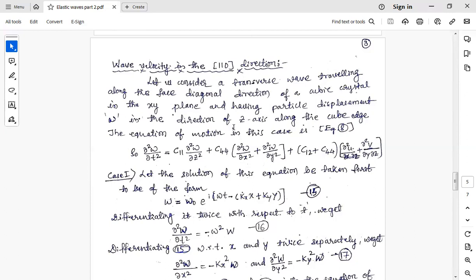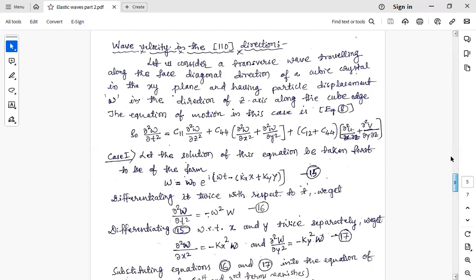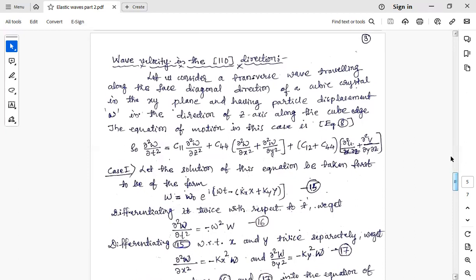Crystal planes and directions I have also studied separately in another video that you can see. And so here what happens? The wave is propagating in the xy plane, but its vibrations are along the z-axis.